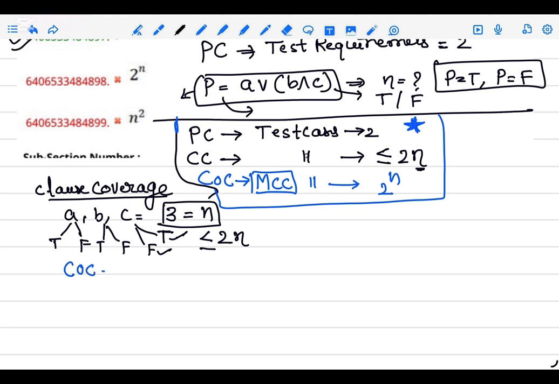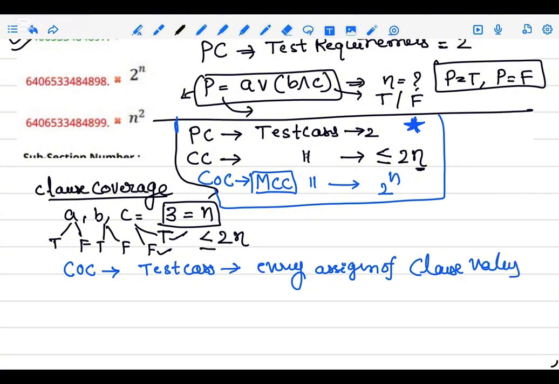Multiple clause coverage means every assignment of clause values gives the test requirements or test cases.